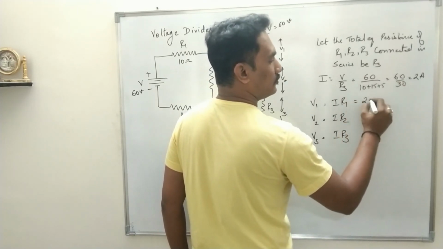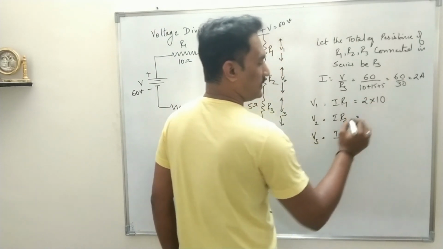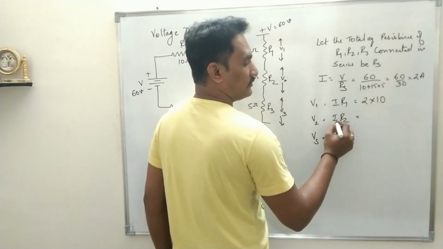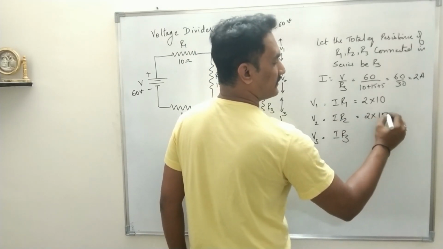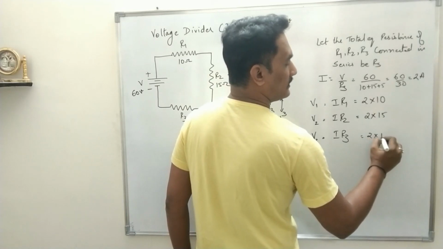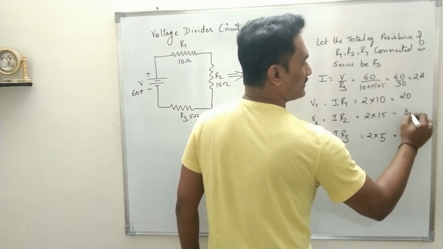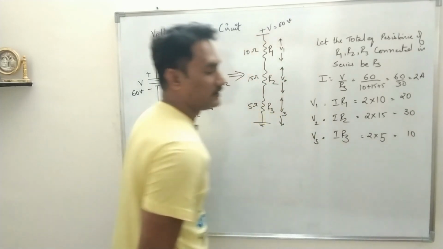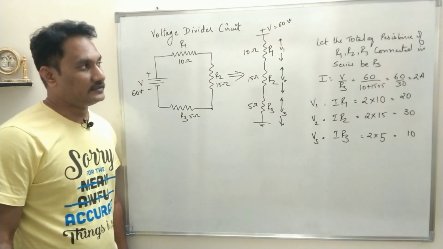Substitute the value 2 into, what is the value of R1? It is 10. Then the value of R2 is 15, so this will be 2 into 15, 2 into 5. So the values will be 20, 30 and 10 respectively, V1, V2, V3.